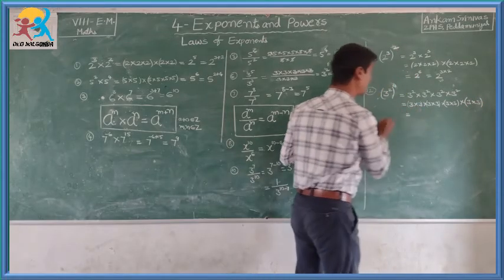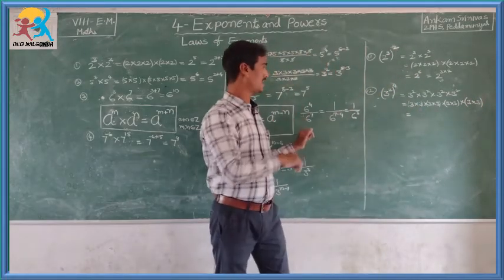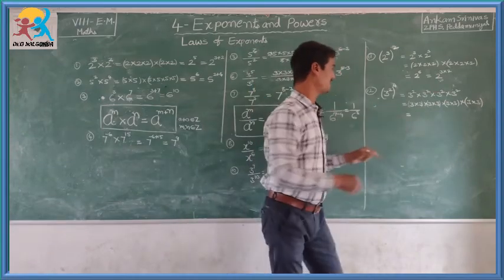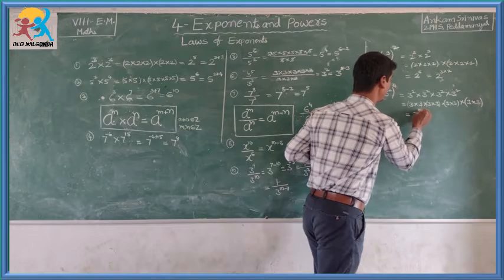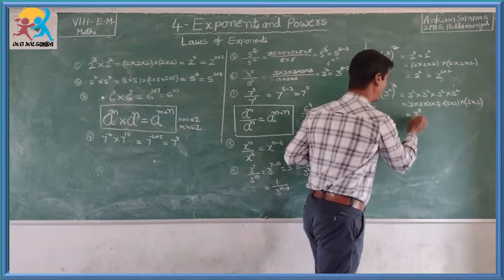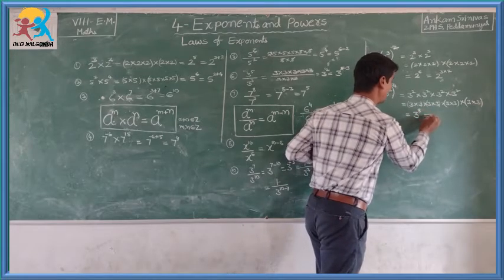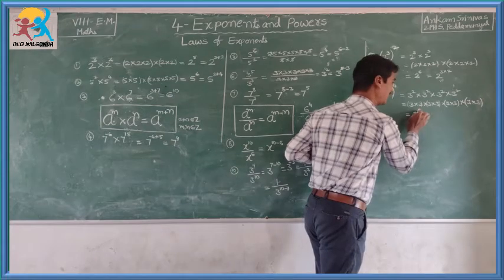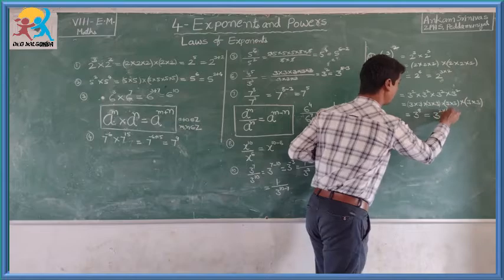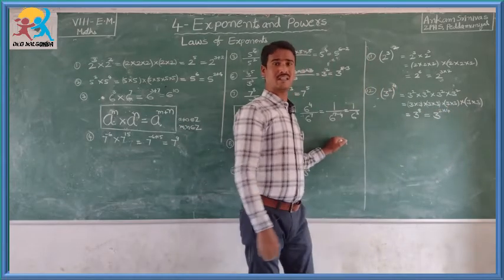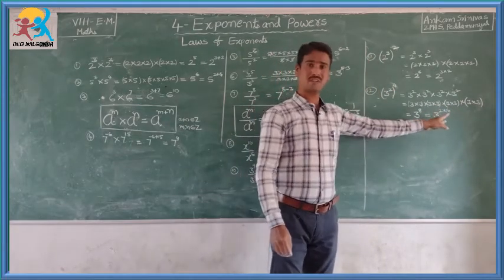So 3 multiplied by itself 8 times. So this can be written as 3 power 8. I am going to write 3 power 8 with exponent 8 as 3 power 2 into 4. Is it possible to write exponent 8 as 2 into 4?